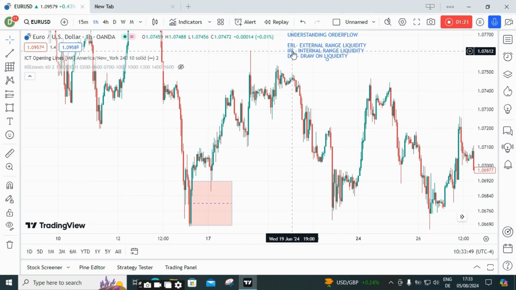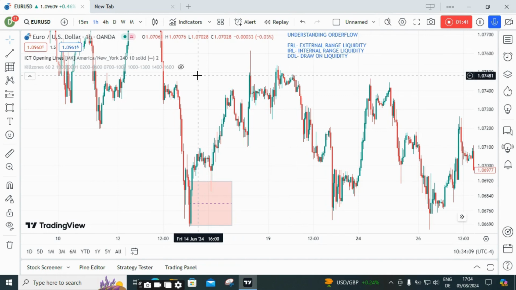The internal range liquidity refers to the fair value gaps left in the market when the market is moving, all the order blocks created as orders are created in the market. The draw on liquidity, this is our target. The next target we look at whenever we are trading in the market.